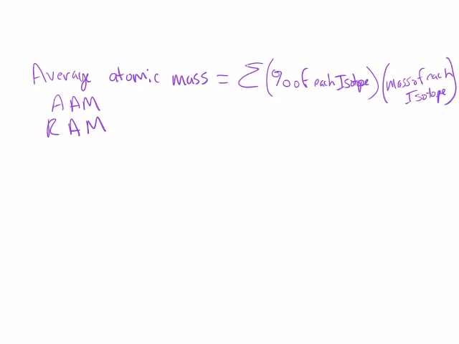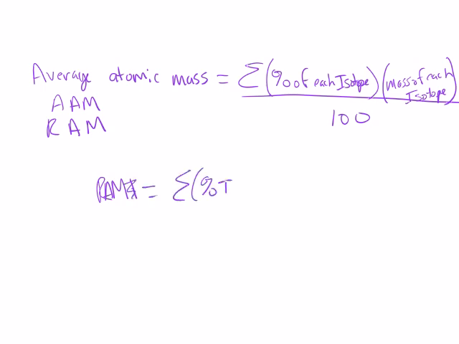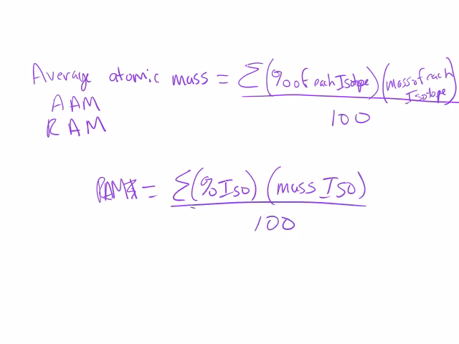And because we have a percent in this problem, we are going to have to divide by 100 at the end to get rid of the percent. When I simplify this formula, I simply just write RAM is equal to the sum of percent iso multiplied by the mass of iso. Just makes it a little easier for me to keep up with.